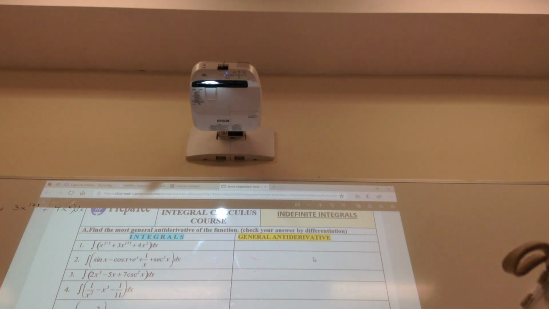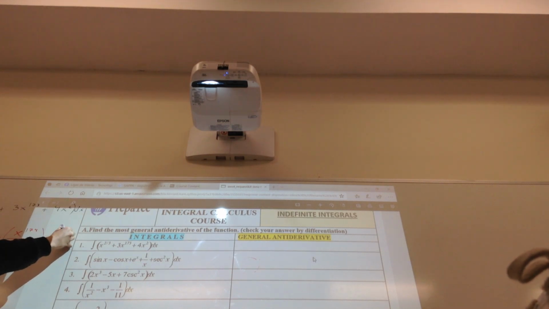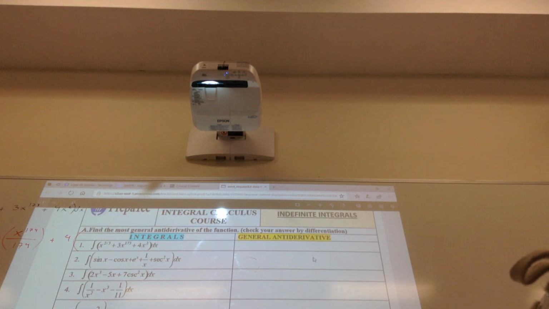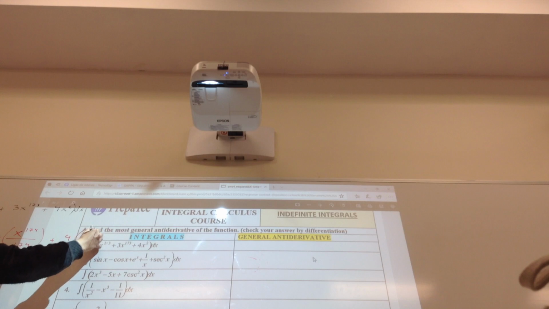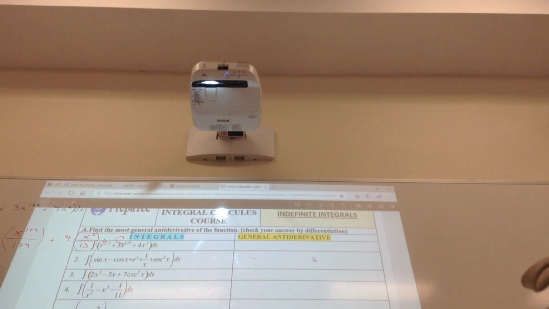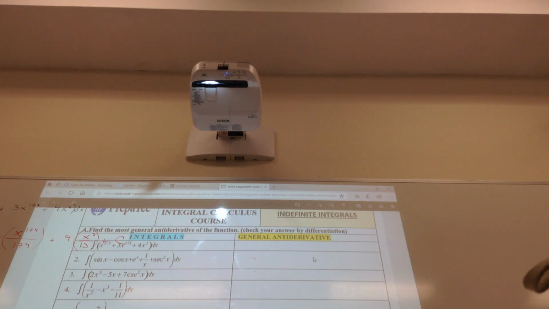Plus 3 times the integral of x to the 1/3. Very good. Plus 4 times the integral of x squared, x to the cube over 3. Plus c. Don't forget that.